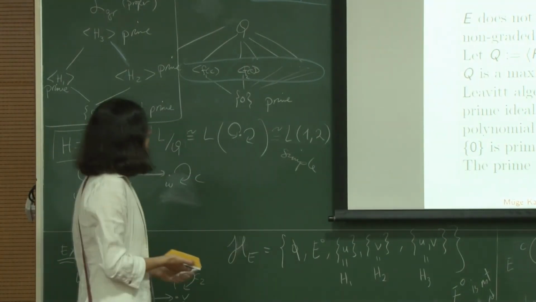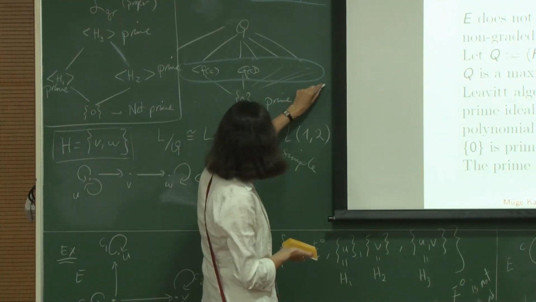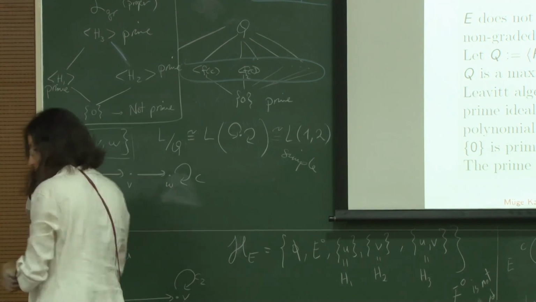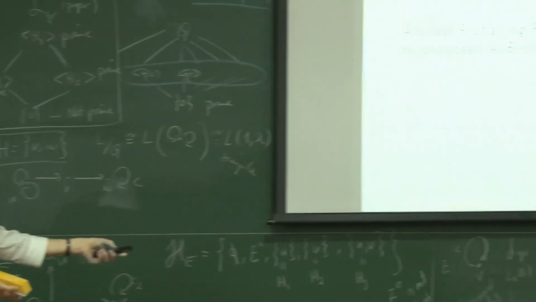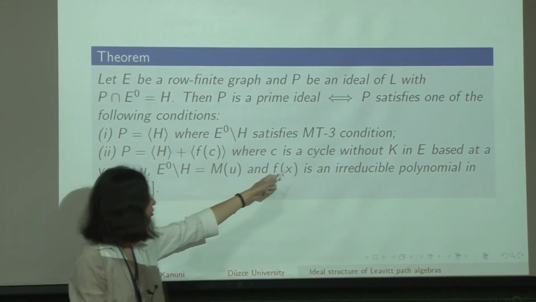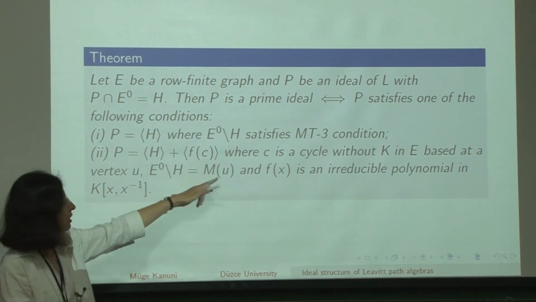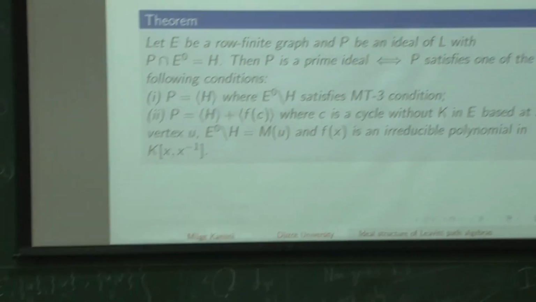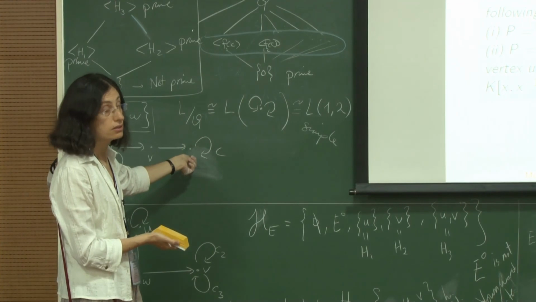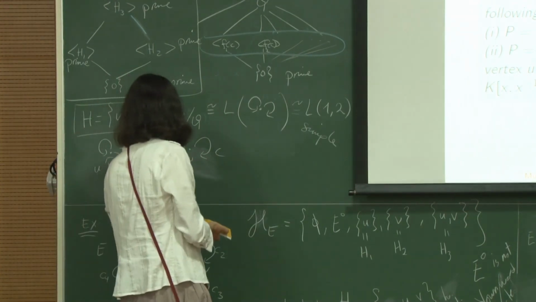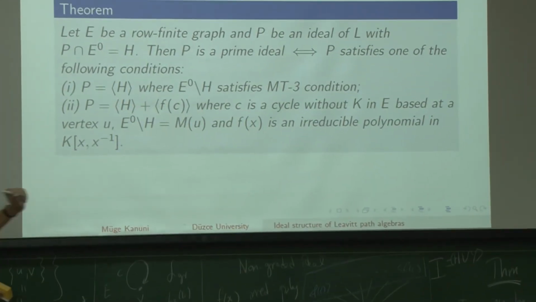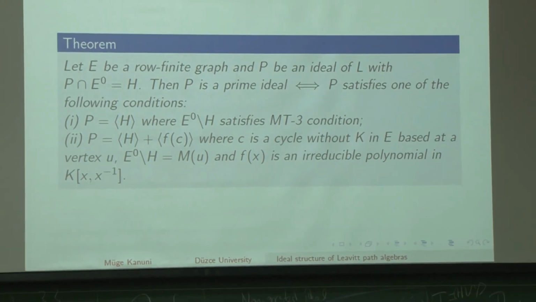And moreover, there are infinitely many non-graded prime ideals containing this. The reason being that, okay, we recall the theorem, that there are infinitely many irreducible polynomials and the quotient should be prime. Yes, this graph itself, because H here is the empty set, so this graph is M_W, and there is a cycle without exit based at W. Yes, it's this.